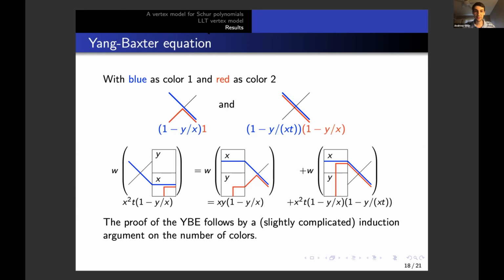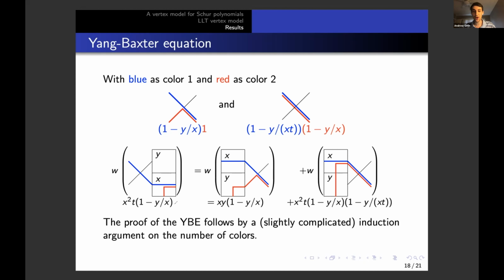The Yang-Baxter equation holds for all choices of boundary conditions. Here I'm choosing the boundary conditions where blue enters here and exits here, and red enters here and exits here somehow. On the left-hand side, there's only one possible configuration, and it happens to have a weight of x squared t times 1 minus y over x.